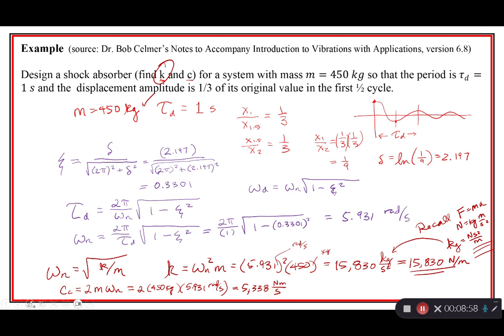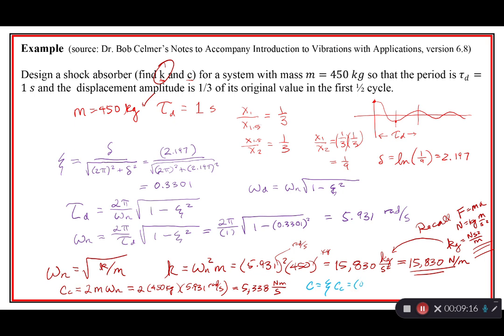And so finally we'll get an answer here for the damping coefficient, which is going to be c equal to the damping factor times the critical damping coefficient right here.